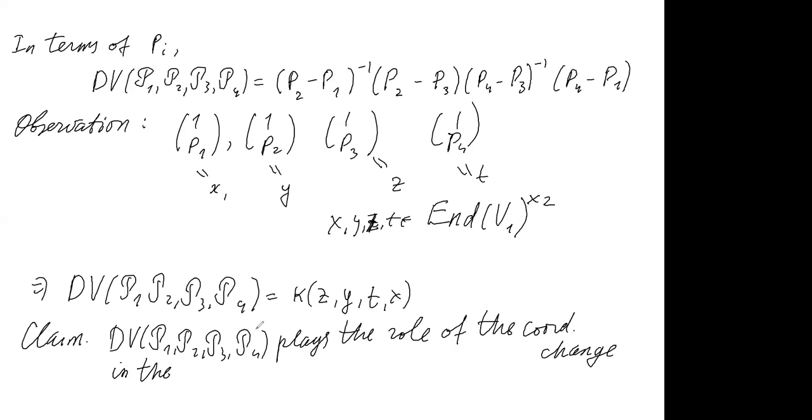Okay, so it's a change of coordinates in the Grassmannian space of polarizations. Let me try to draw the picture to explain this.